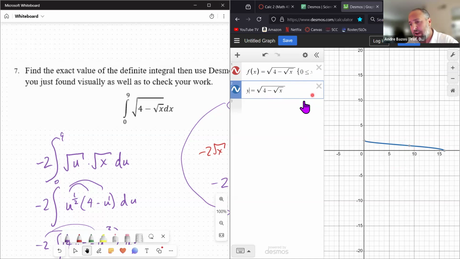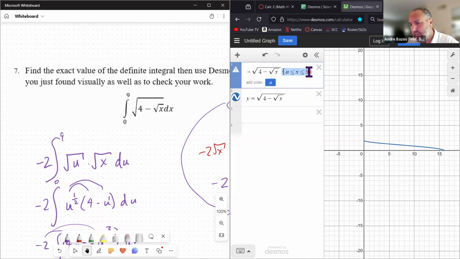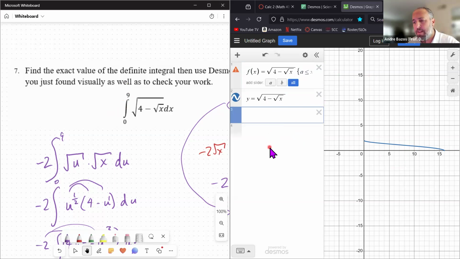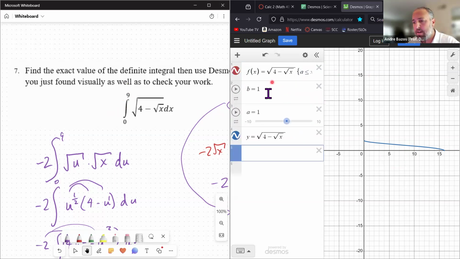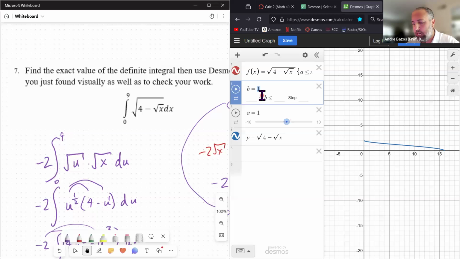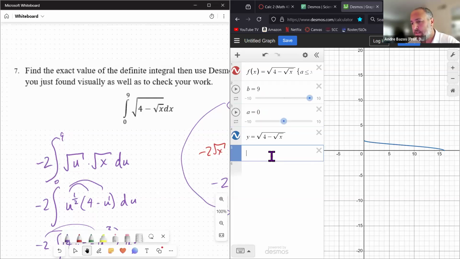So this helps me graph out the whole thing so I can just see it, but this makes it so it's bounded in between 0 and 9, those limits, okay? So you can even do A and B. Some of my students last semester made this A and this B, like what we call it in the integral. And then you can add a slider, and you can make this 9 and this 0 to force it to be that way, all right?